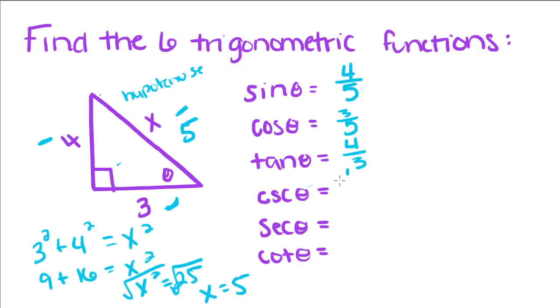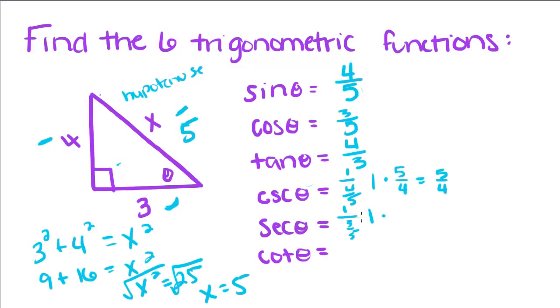Cosecant is 1 over 4 over 5, because this is what sine is. So 1 times 5 over 4. So cosecant is 5 over 4. Or you can think of it as hypotenuse over opposite. So the same rule applies for secant, except we do this with cosine.